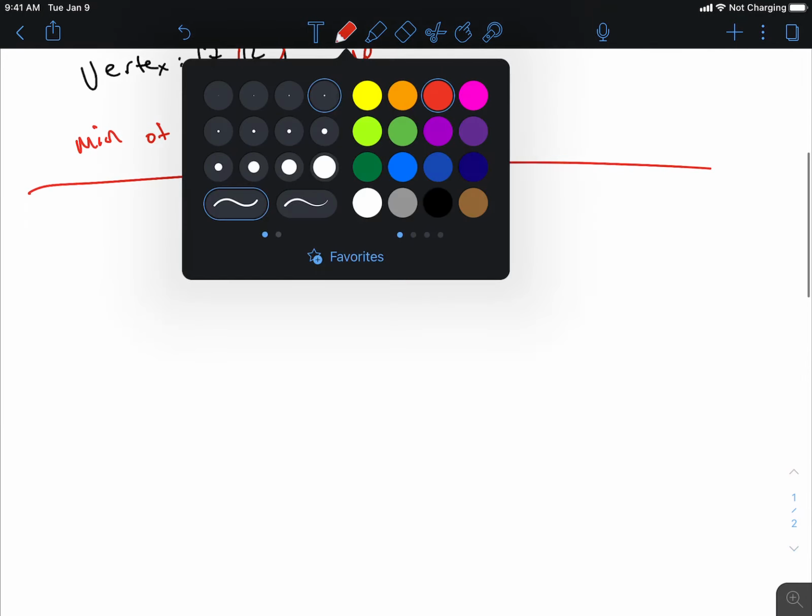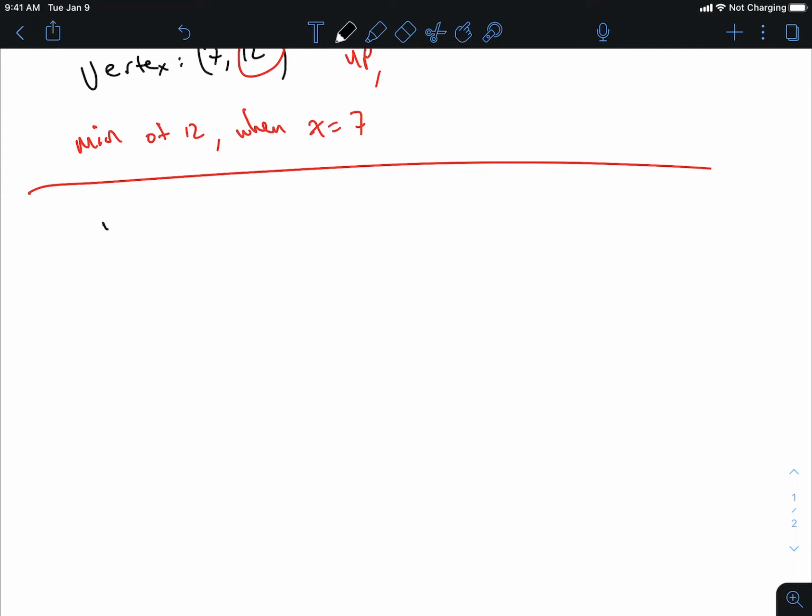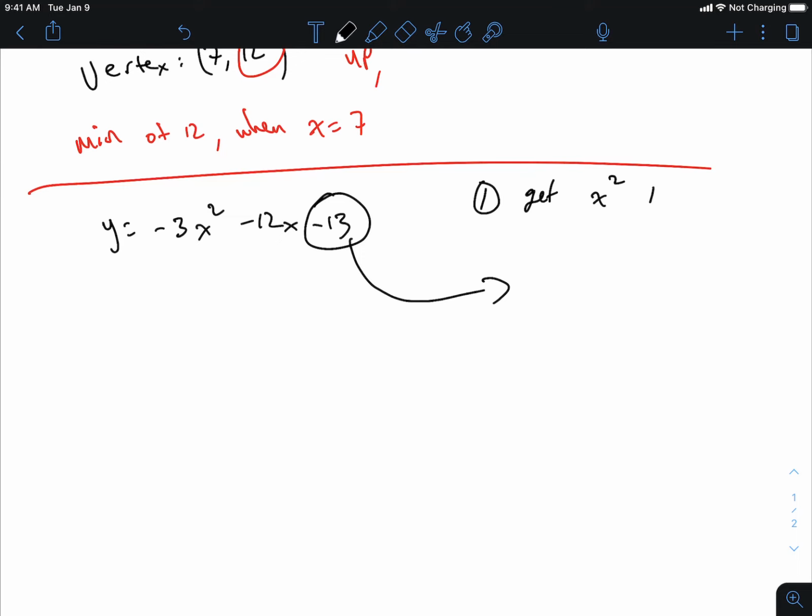Okay? The next one's a little trickier, but just one more step trickier. Take the number, throw it to the end. What's the other piece? Step 1 is what? Get x squared by itself. So we're going to factor out the negative 3.